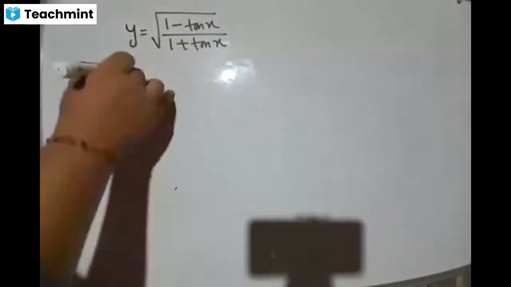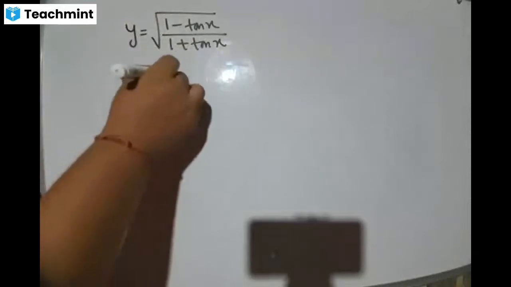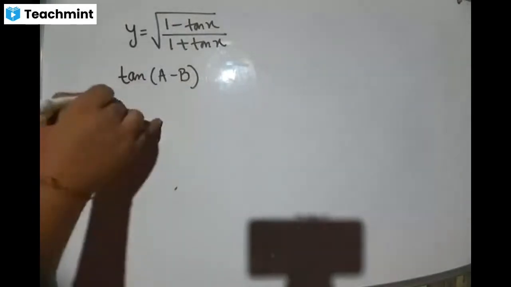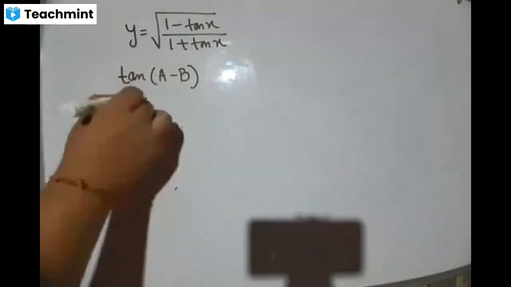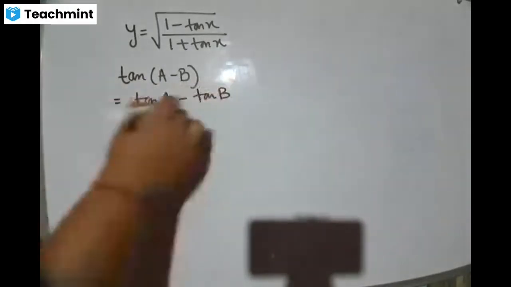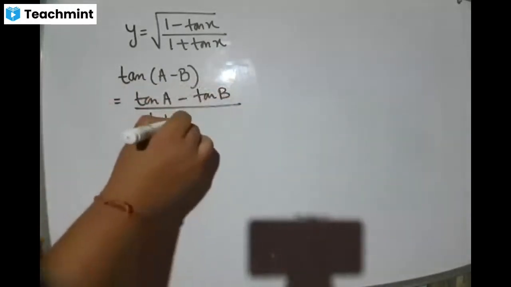If this is minus, then we are going to convert this into a minus b. If this is plus, we are going to convert this into the tan a plus b formula. So look at this. What is tan a minus b? The formula is tan a minus tan b divided by 1 plus tan A tan B.